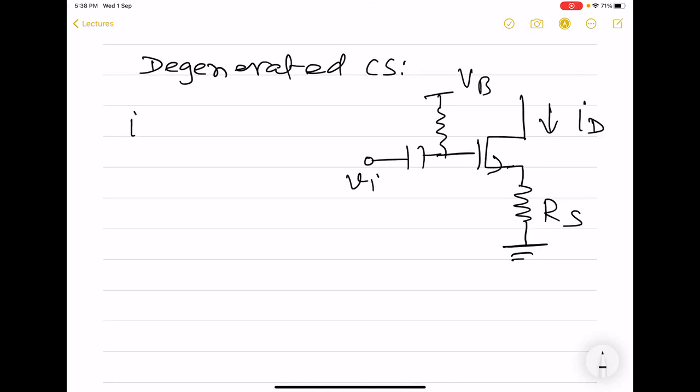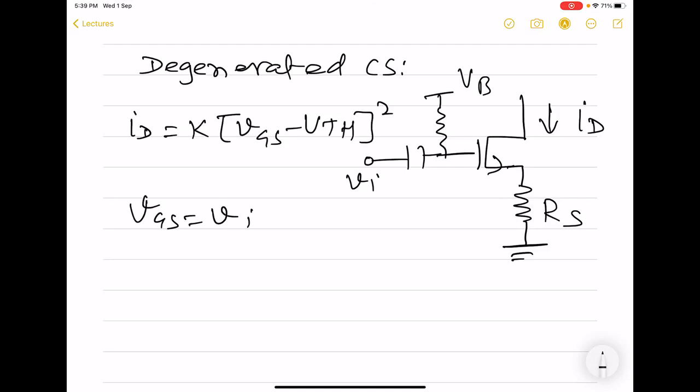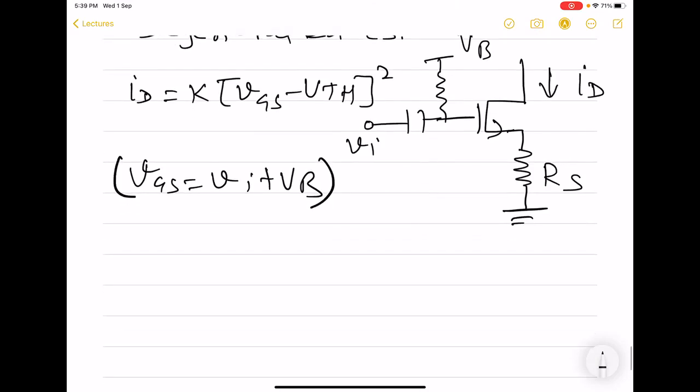So let us start with the well-known drain current equation, simple equation that we have been using. And see that when we degenerate, we get the third order nonlinearity.